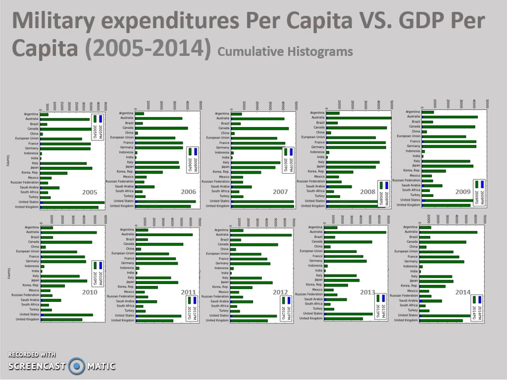After 2010, Australia's GDP per capita is always the first one. From 2005 to 2009, the United States' military expenditure per capita is always the first one. But in 2013 and 2014, Saudi Arabia is the first in military expenditure per capita.